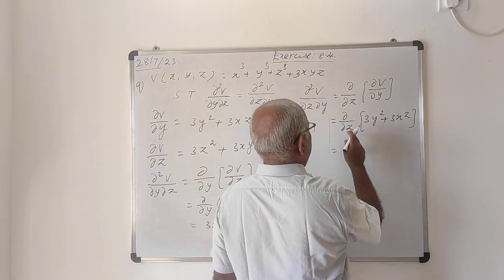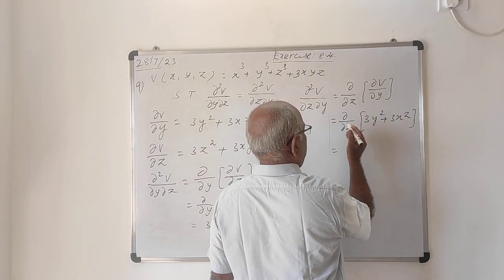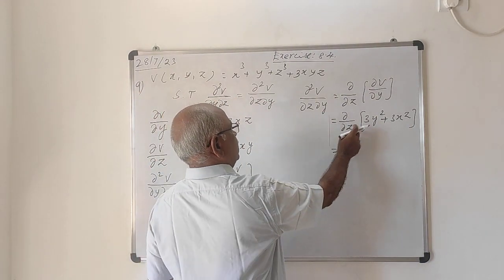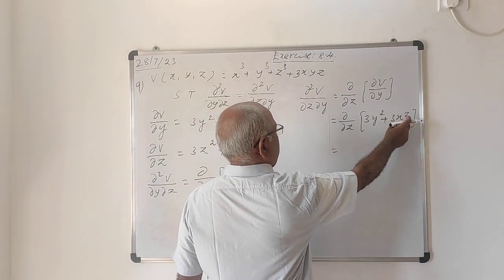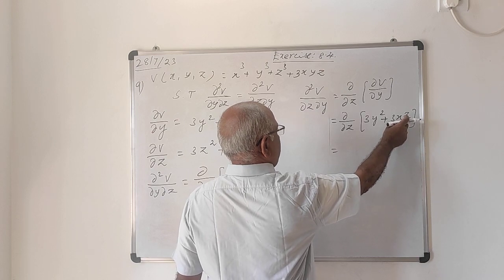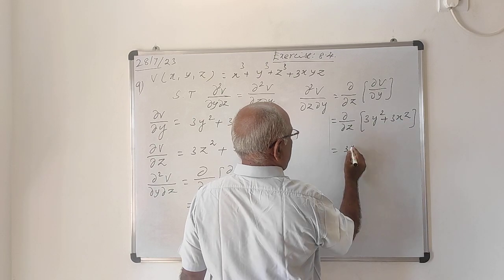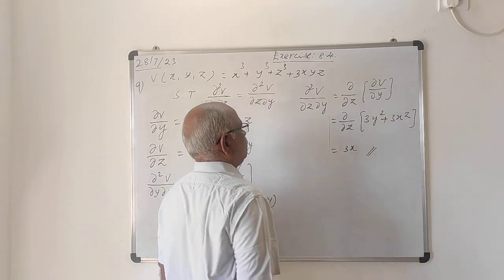Here also we are differentiating with respect to z, therefore 3 and y square are constant. Differentiating with respect to z, this first term is 0 and 3x is constant, derivative of z is 1. Therefore, this is also 3x.